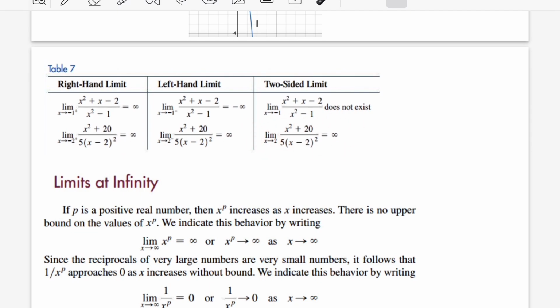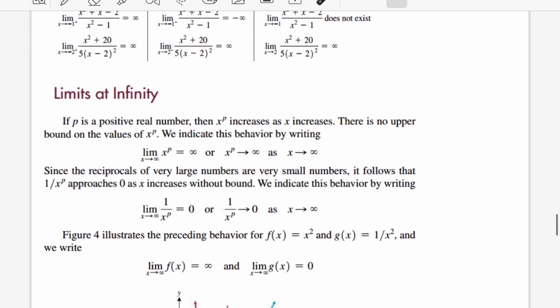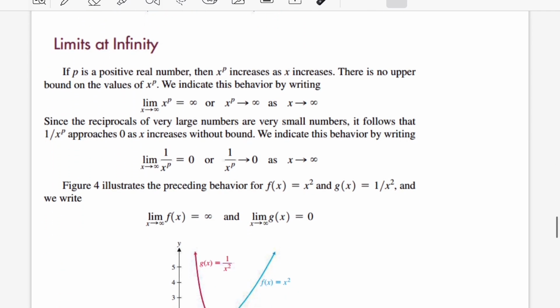And similarly, if we got that the limit was negative infinity and negative infinity, then our two-sided limit would be negative infinity. So just like in our last section, a limit does exist if the left hand and right hand limits are equal, but if they are not, that's where we run into some trouble.